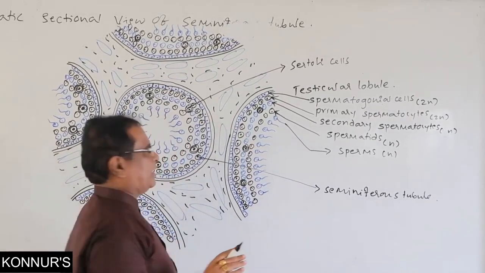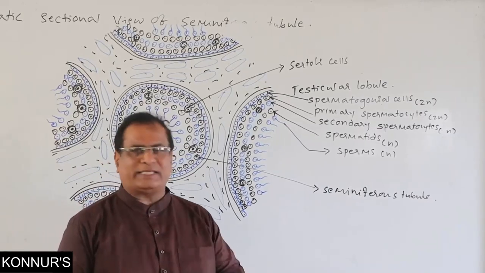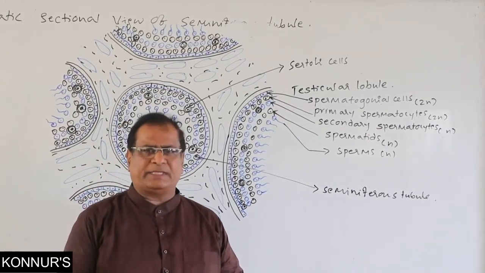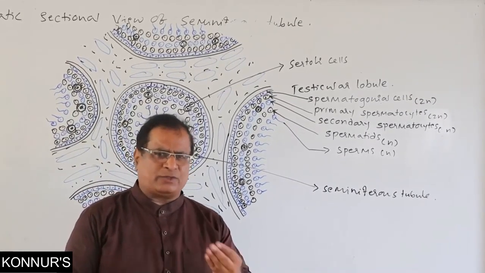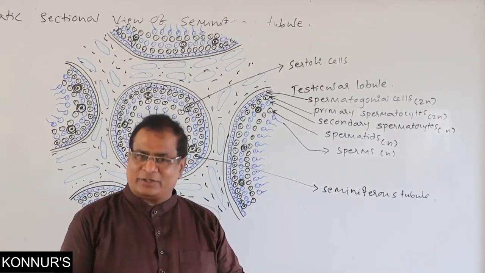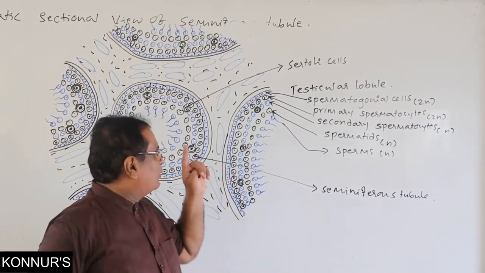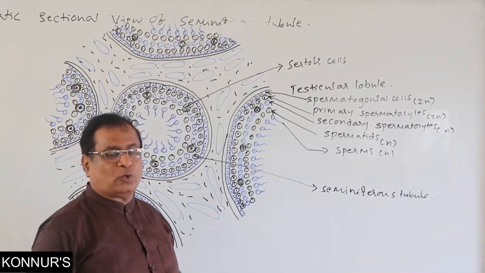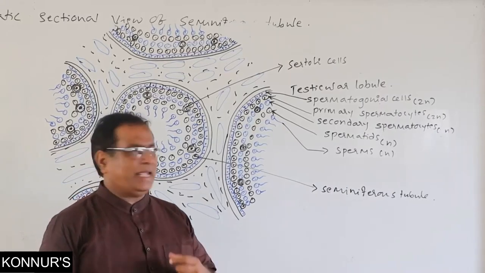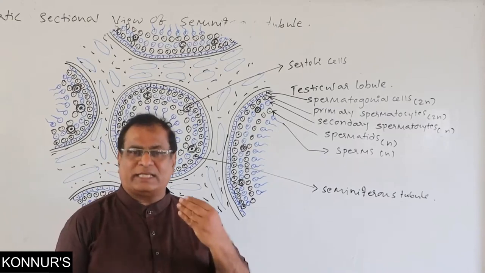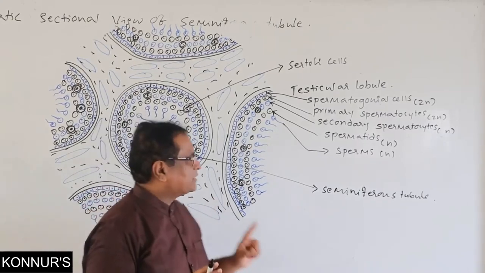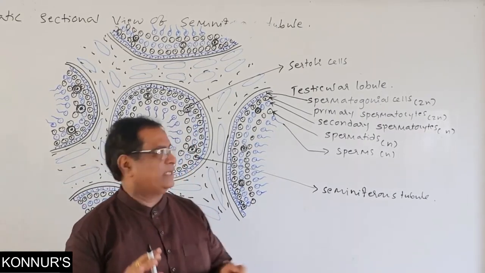And in the seminiferous tubules, we do see two main types of cells: spermatogonial cells and Sertoli cells. Those spermatogonial cells undergo the process of spermatogenesis.